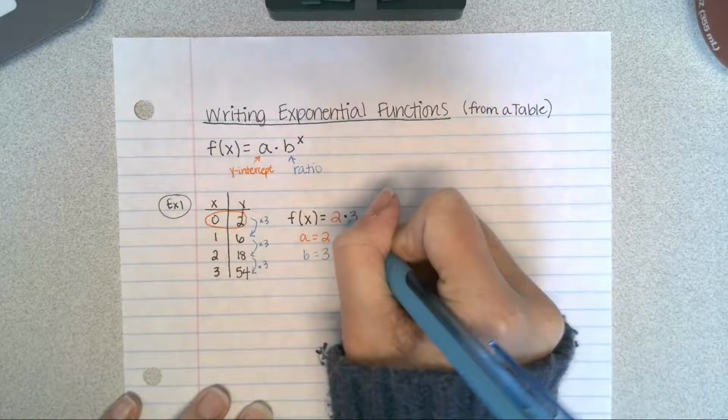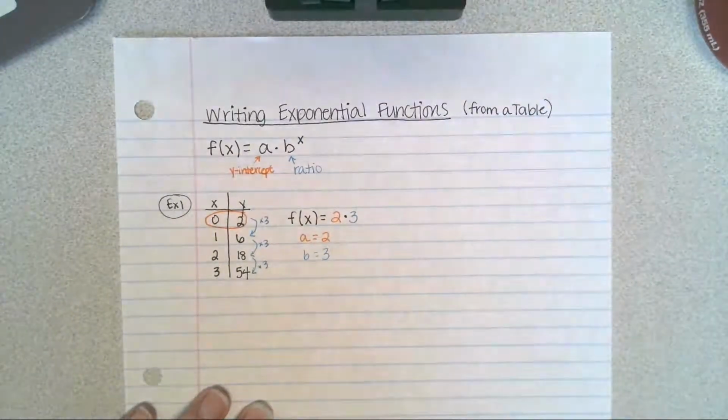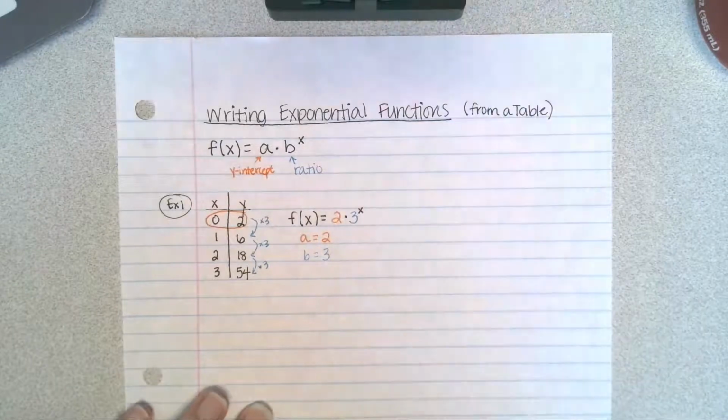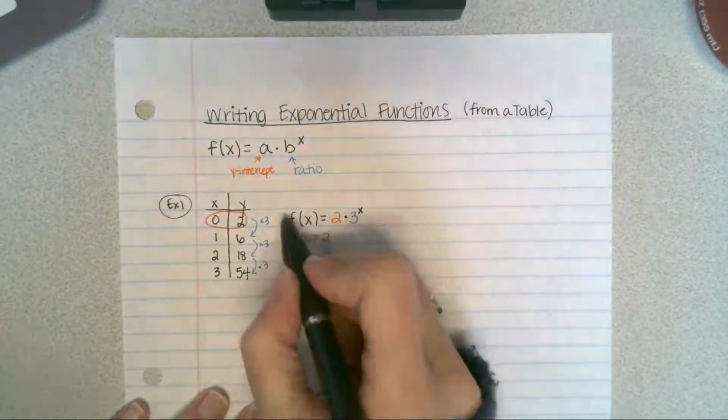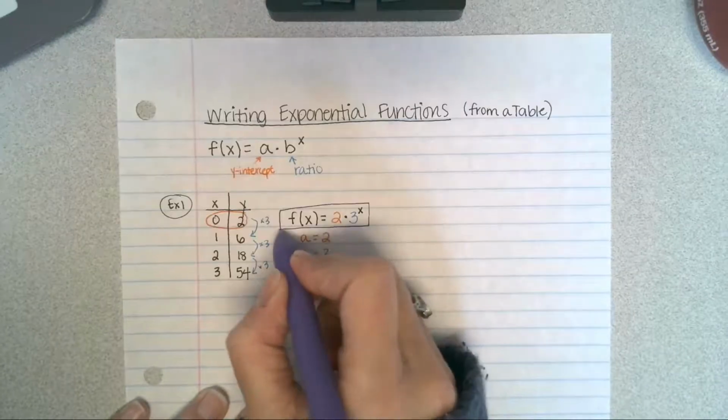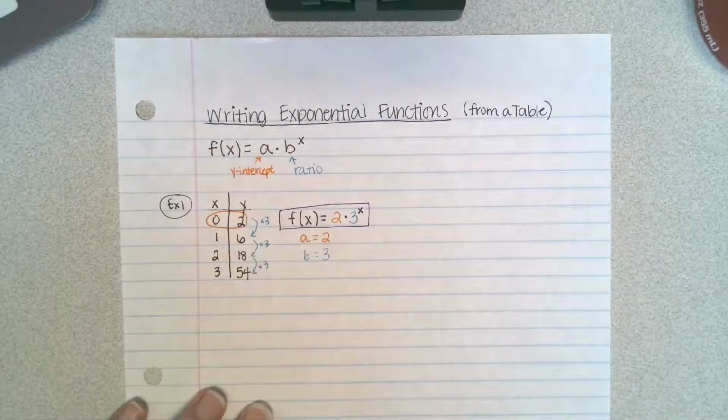So that comes after 2 times in our function, and then raised to the x power, and that's always going to be the case. So that right there is going to be our final answer. F of x equals 2 times 3 to the x power.